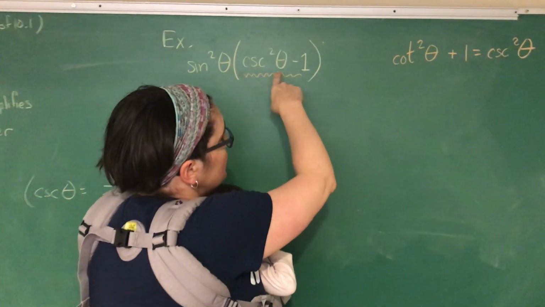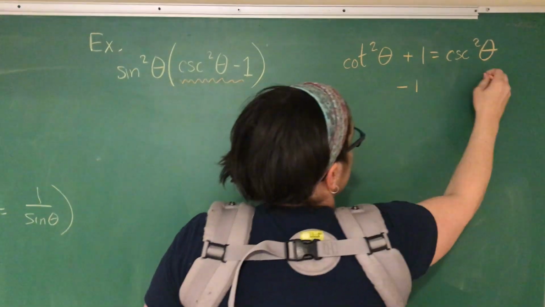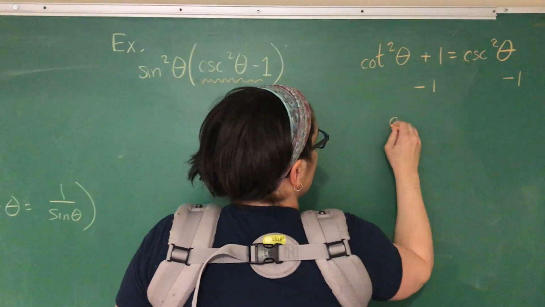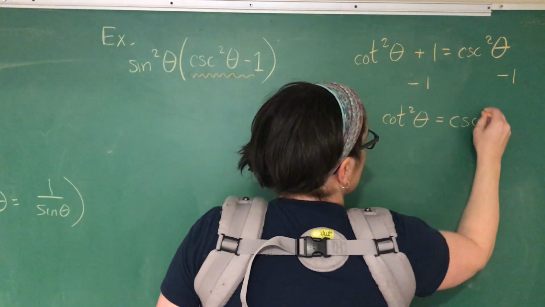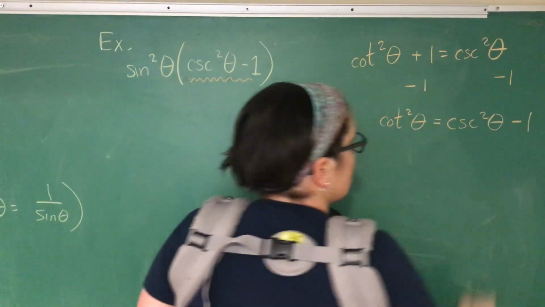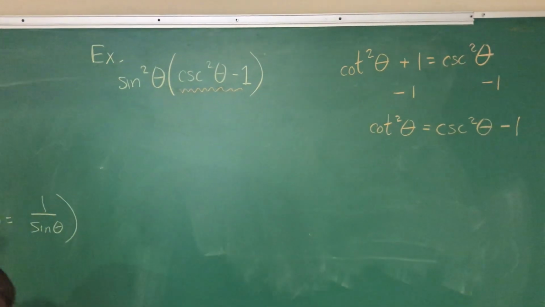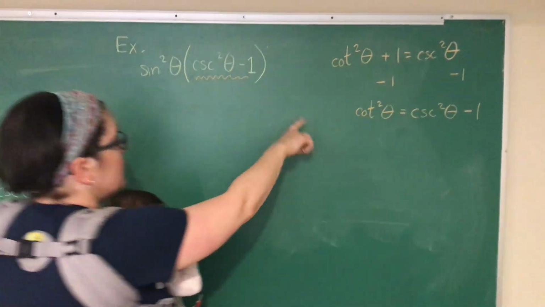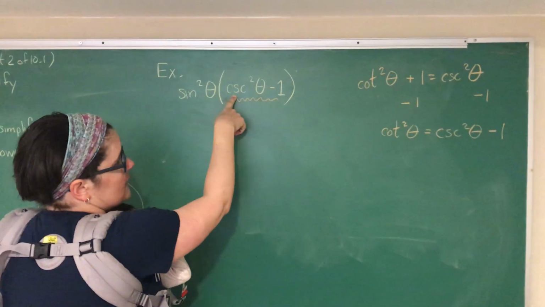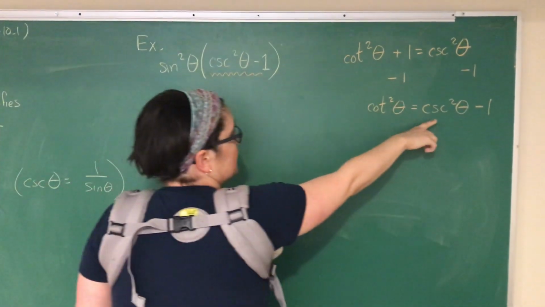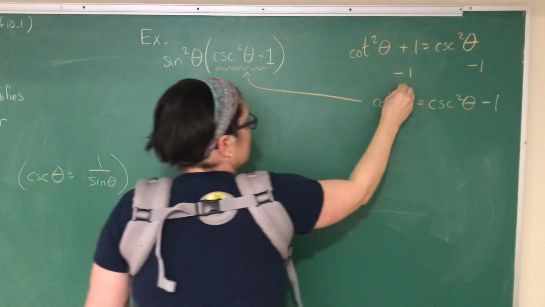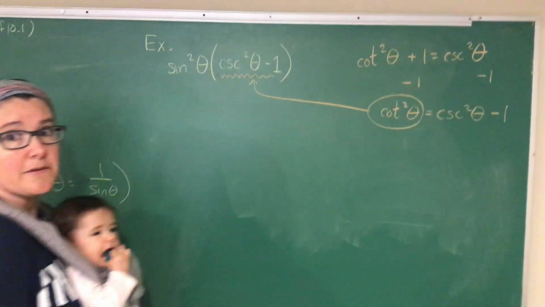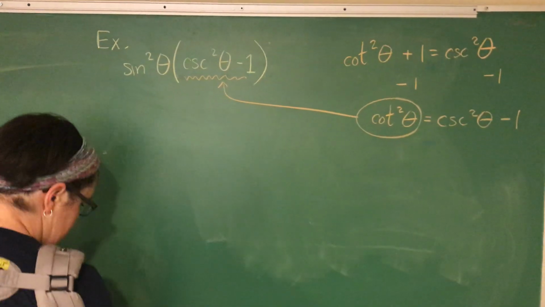If I subtract 1 from both sides, I have cotangent squared theta is equal to cosecant squared theta minus 1. So now, instead of cosecant squared theta minus 1, I can replace that with cotangent squared.